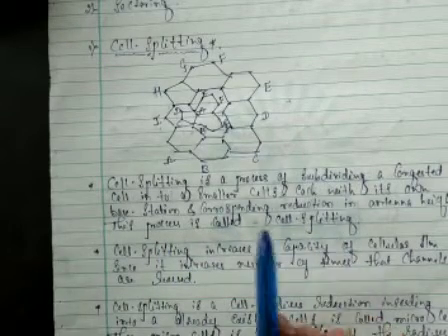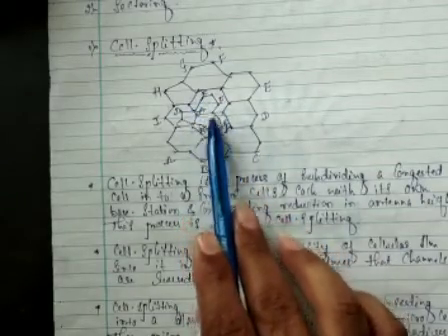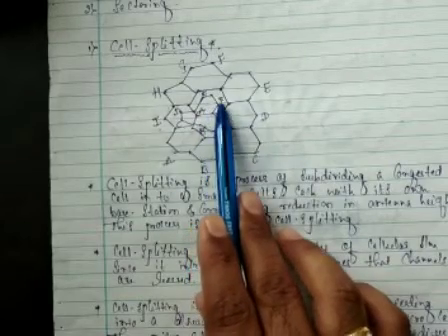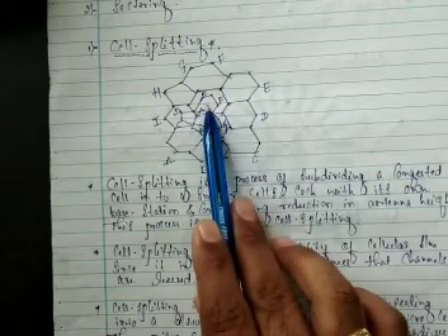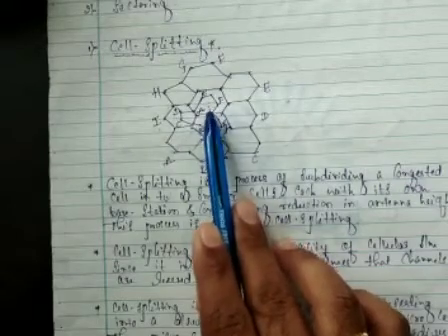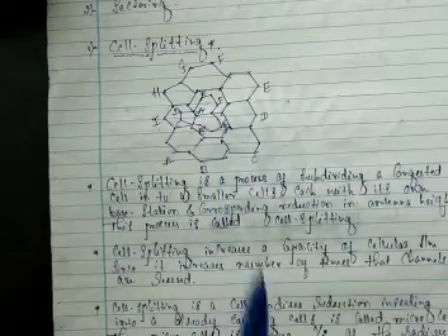Cell splitting is nothing but a process of subdividing the congested cell into smaller cells, each with its own base station. This base station is different, so it is demanding for a new base station for the newly inserted cells, and a corresponding reduction in the antenna height.